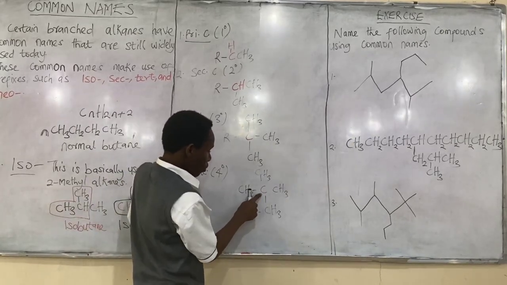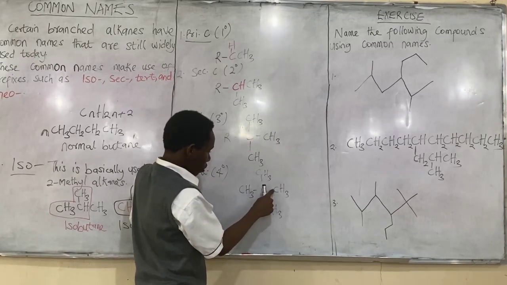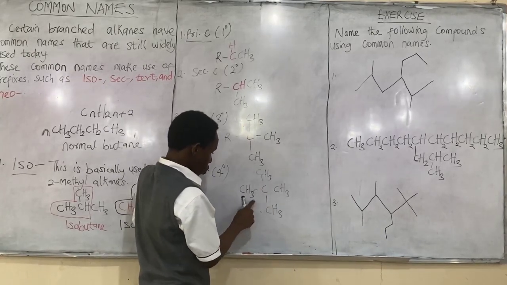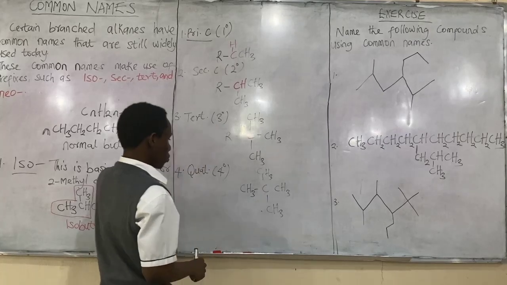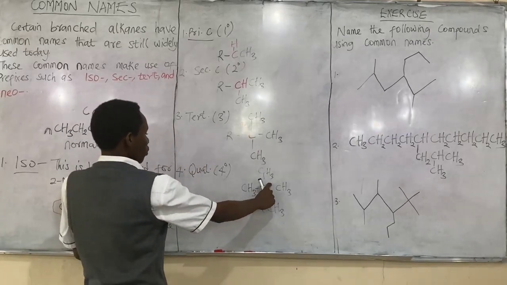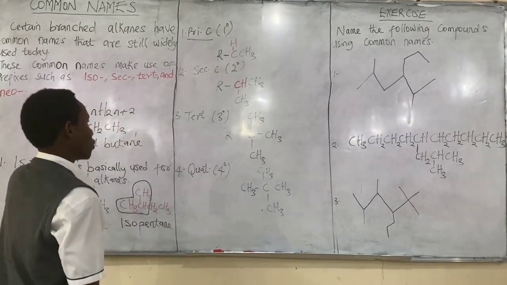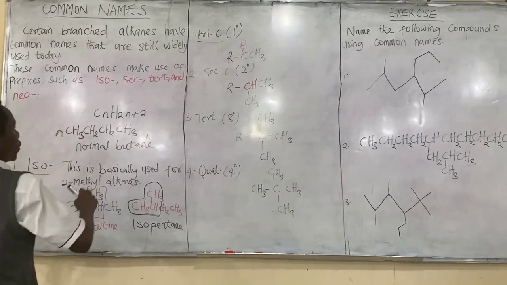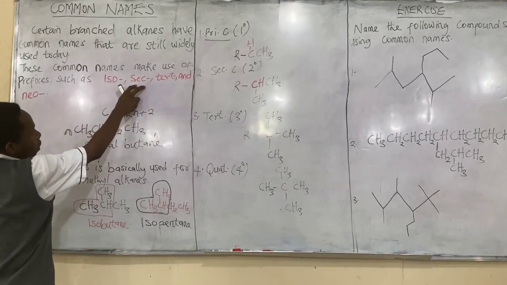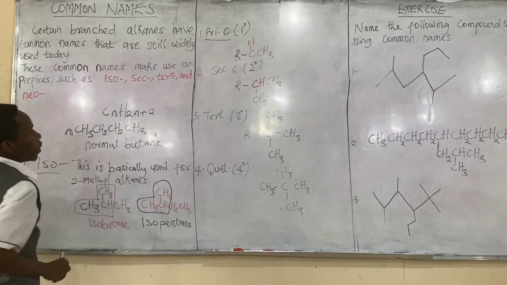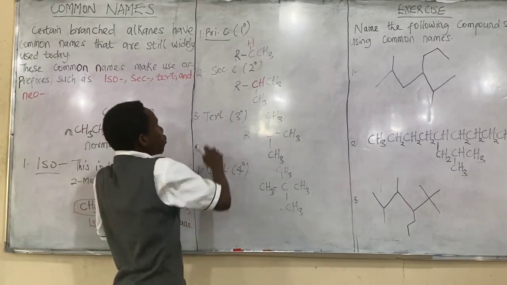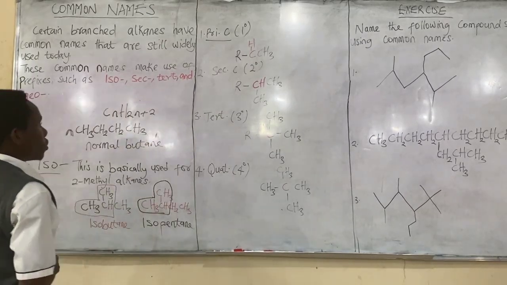This particular carbon atom here is attached to 1, 2, 3, and 4 carbons. So we call this the quaternary carbon atom. So basically, if we are using the sec, this sec here is used for secondary carbon atoms.